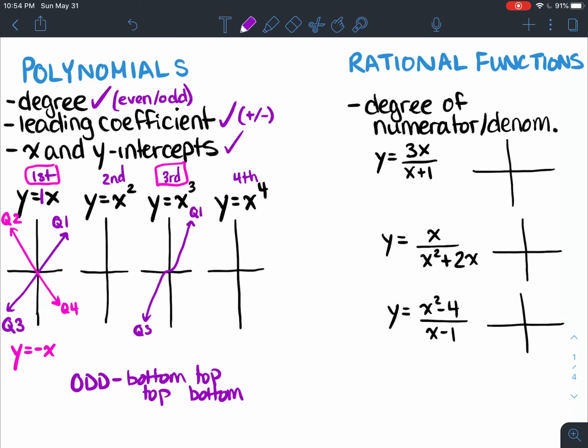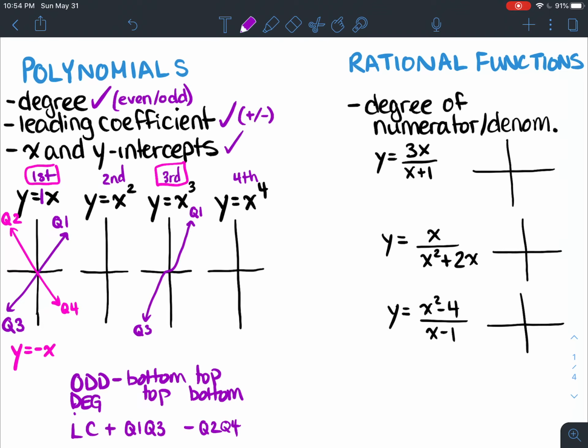Now we figured out, for odd degrees, the leading coefficient: if it's positive, it goes from quadrant 1 to quadrant 3, or whatever way you want to look at it. And if it's negative, it's quadrant 2 to quadrant 4. Okay, so that's what we found out so far.